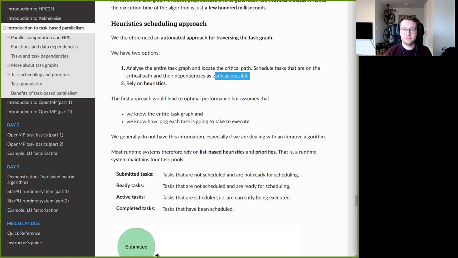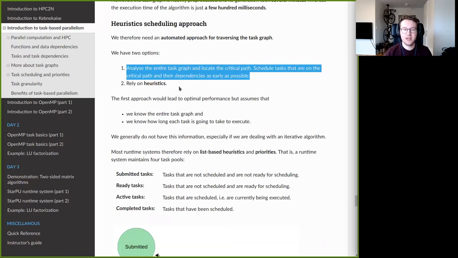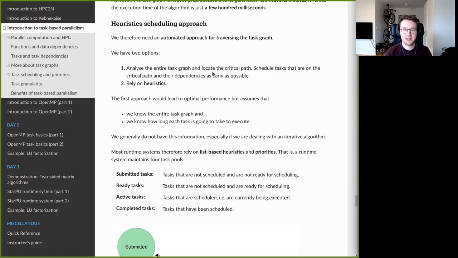And the first thing to mention is that, of course, if we know the task graph entirely and we have all the time in the world, then we could come up with the optimal scheduling strategy for the task graph. But this assumes that we know the entire task graph and we know exactly how long each task is going to take to execute. But in the real world, the task graph could be huge.